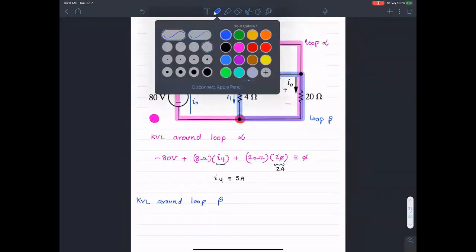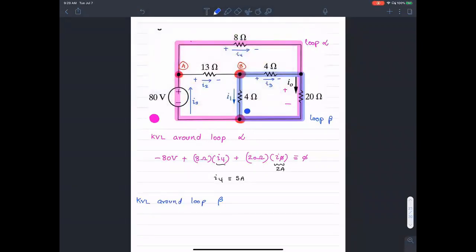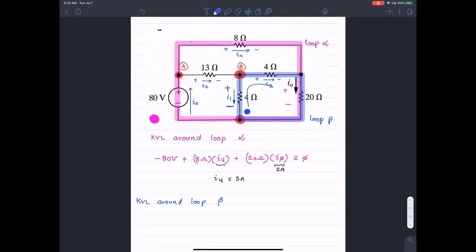When I apply KVL around loop beta, I begin at the lower left corner and follow the path. Remember, this was positive and this was negative earlier. So when I follow the path, I see a negative sign first.